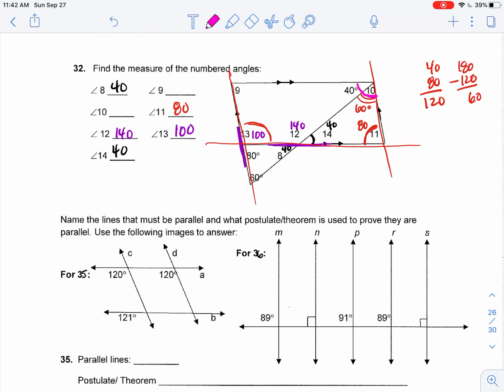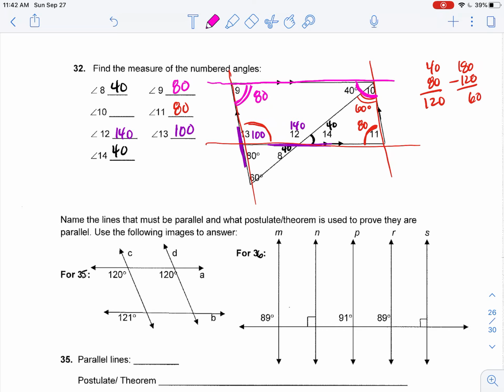Okay, so that means now I figured out what this angle is, which is 100, 40 plus 60. And if I use this as my transversal, same side interior angles are supplementary. That means the measure of angle 9 is going to be supplementary to 100, and so the measure of angle 9 is going to be 80.